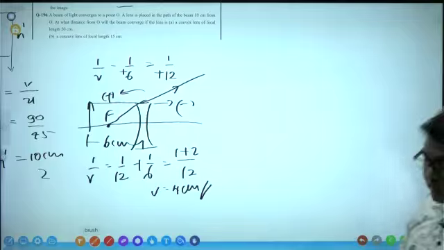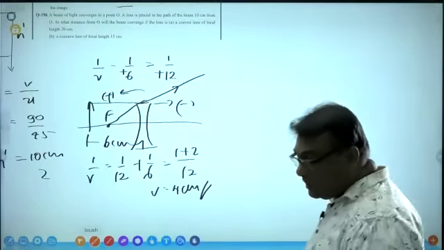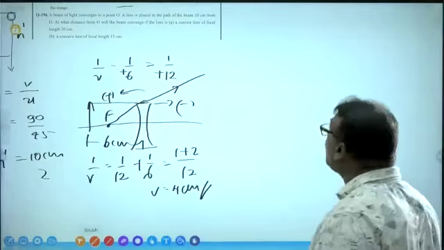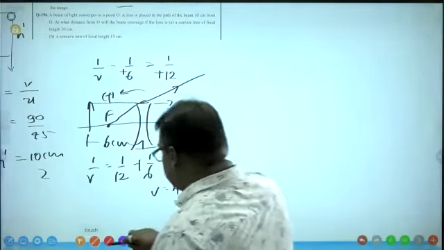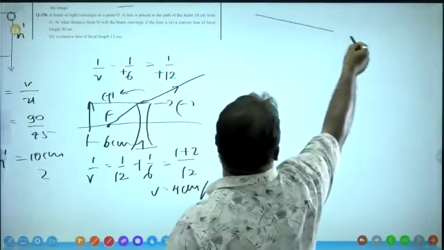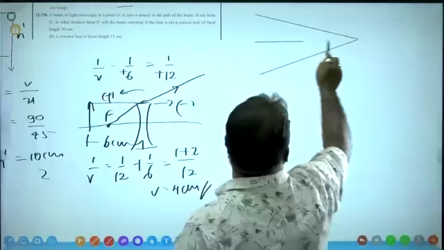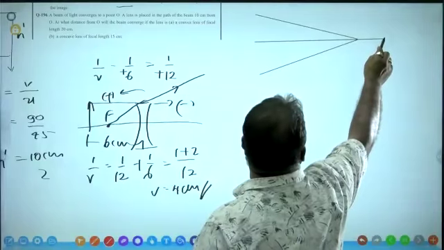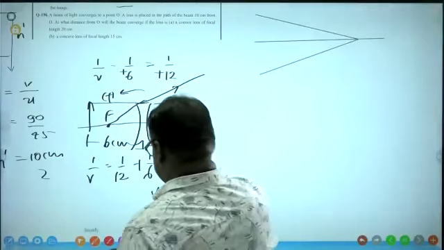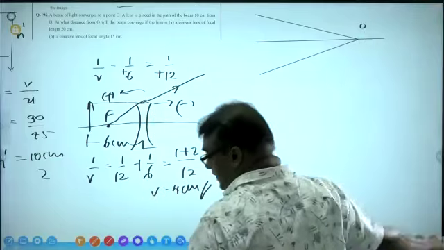Okay. Let's see. A beam of light converge to a point O like this. Right here.